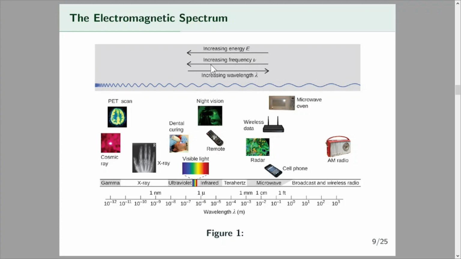Energy increases with frequency, and so energy of the light is increasing to the left, wavelength is increasing to the right. Here are names of these bands, which we're going to talk about in a second. So over here in the long wavelength range is radio, and then microwave, and then infrared, and then visible light is right here, this tiny little range with the rainbow here, and then ultraviolet, and then X-ray, and then gamma rays.